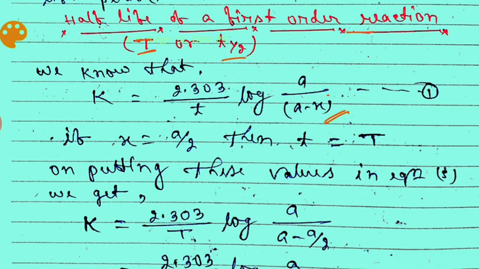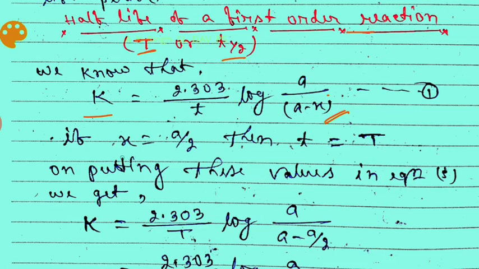So to determine the half life of first order reaction, we have to know the equation of rate constant of first order reaction. So what is the rate constant of first order reaction? k is equal to 2.303 by t log a by a minus x.